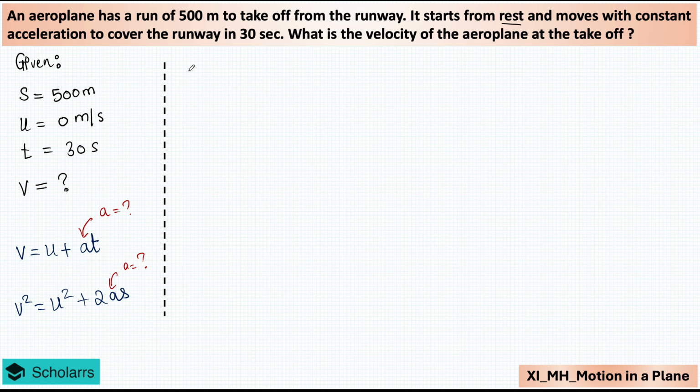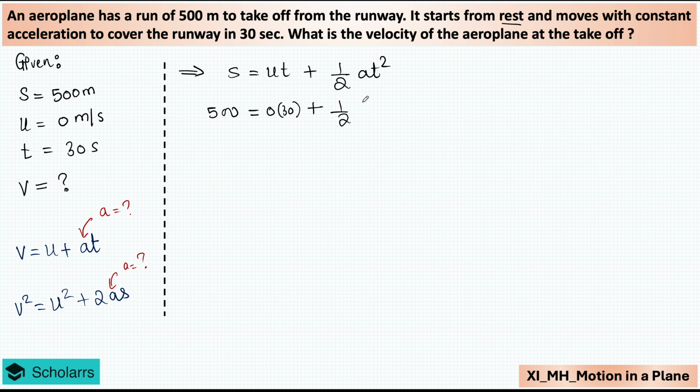Now, starting, we can find the acceleration with the help of the second kinematical equation, s = ut + half at square. Just substitute the values accordingly. So displacement is nothing but 500 meter. Initial velocity is 0, so if you multiply 0 with 30 seconds, it will give you nothing but 0.